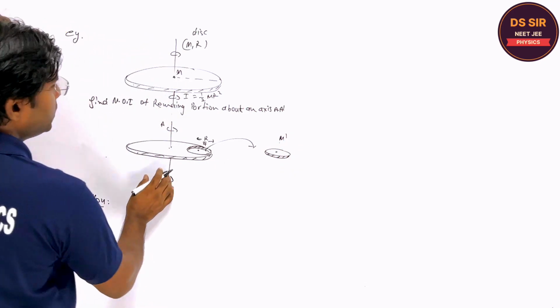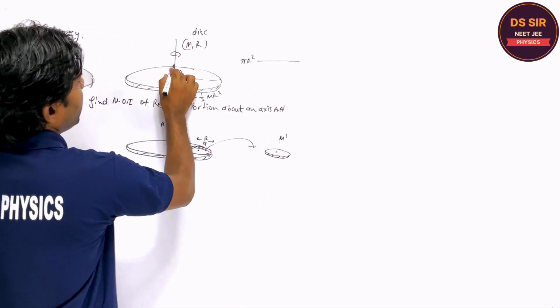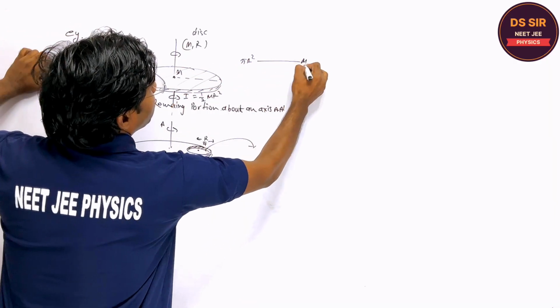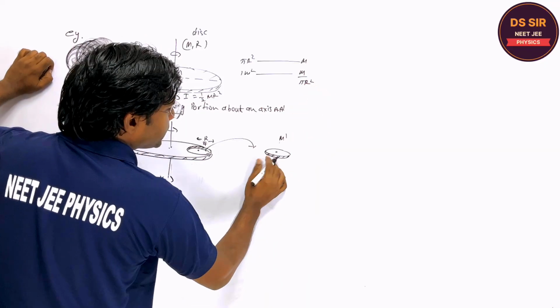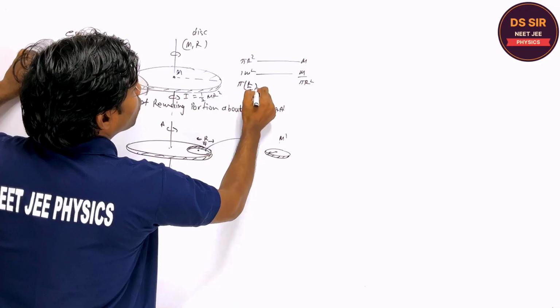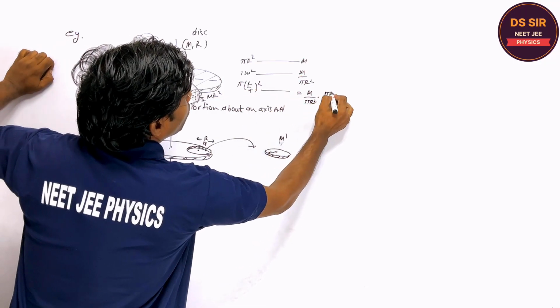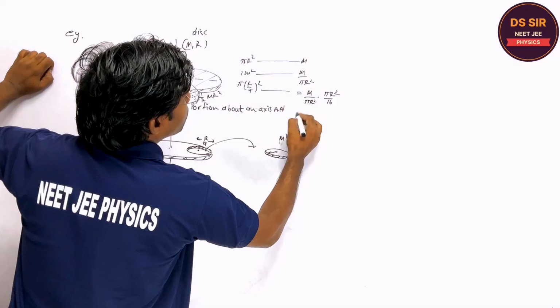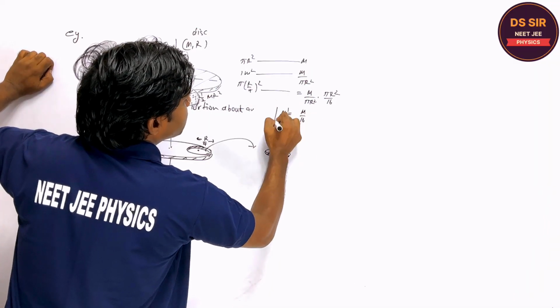The mass is distributed over the area, m upon pi r square. What is its area? The radius is r by 4, pi into r by 4 whole square. It is equal to m upon pi r square into pi r square by 16. So what is the m dash? The m dash is m upon 16. Is it clear or not?